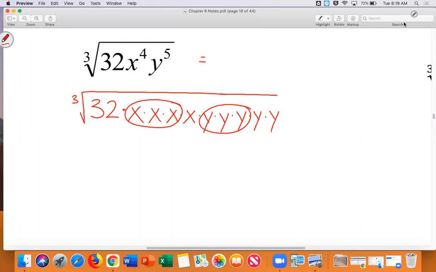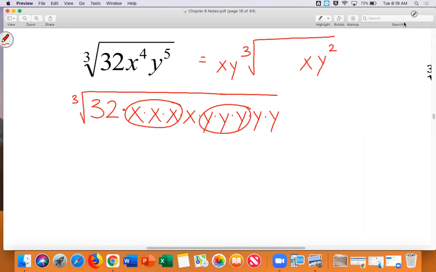When I'm trying to break this down, I have my house; we're talking about the cube root here. An X came out, I had one group of 3 for the X's. One group of Y's came out. What's left inside was 1 X and 2 Y's.